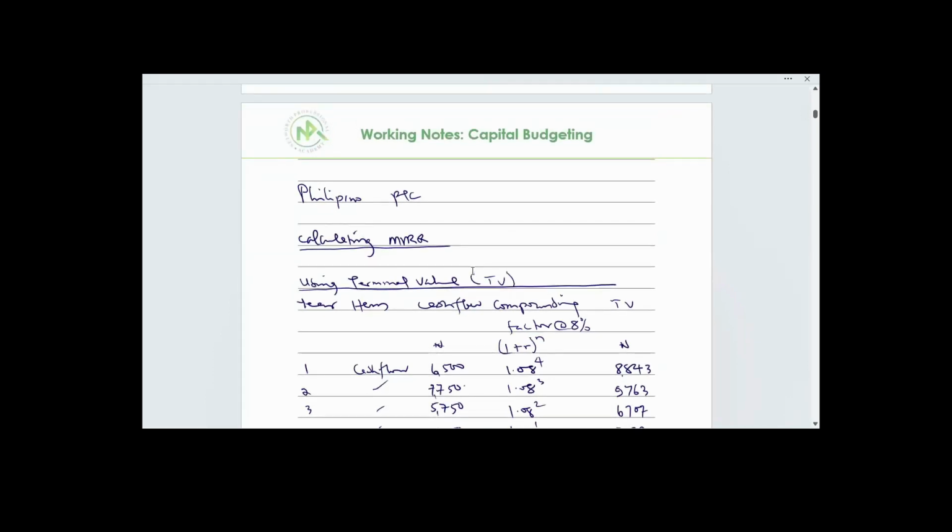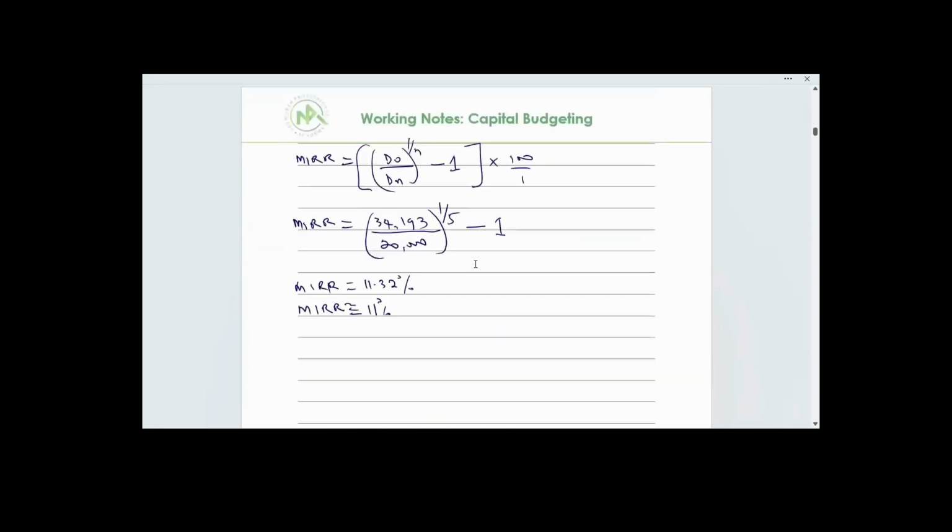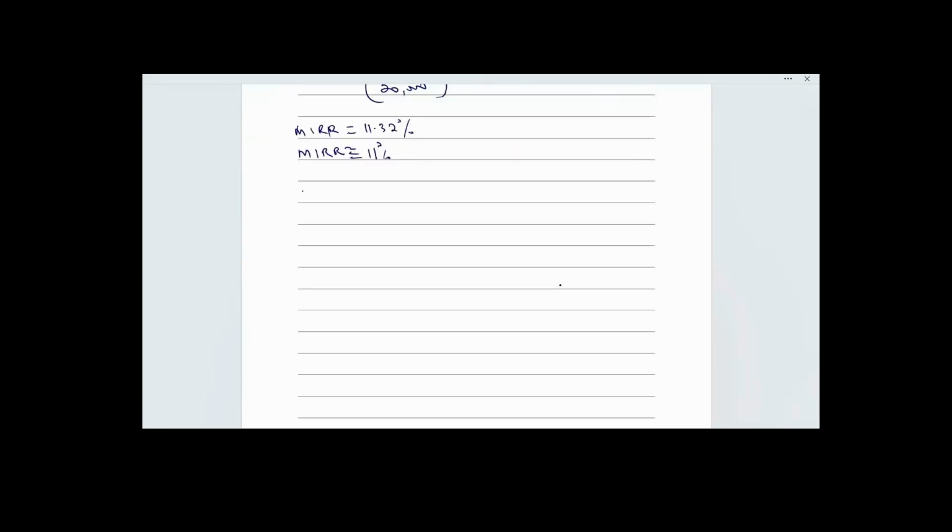If I want to use present value method, let's try that again, alternatively using present value method.